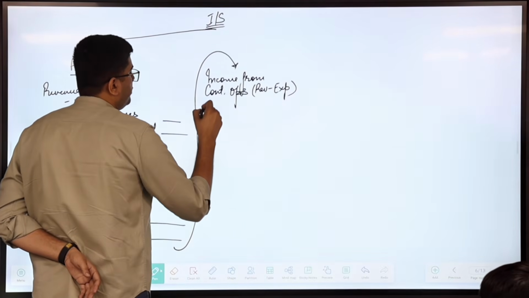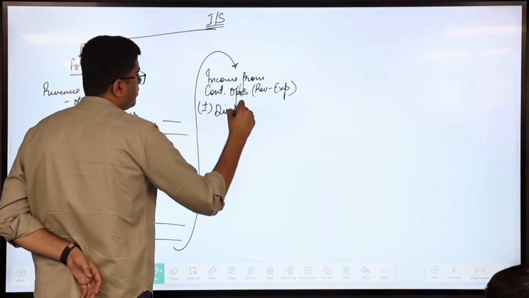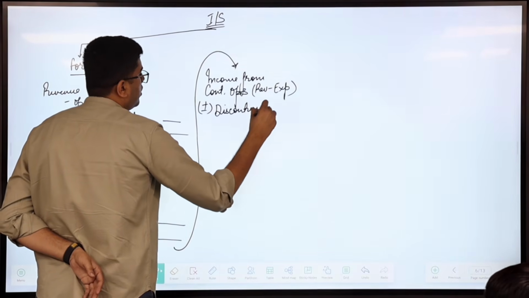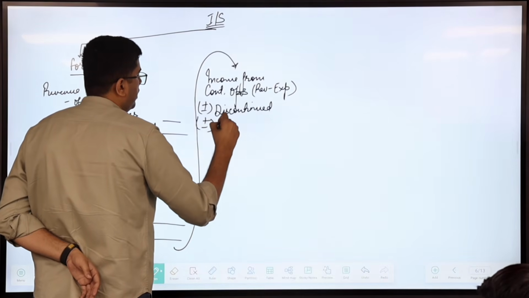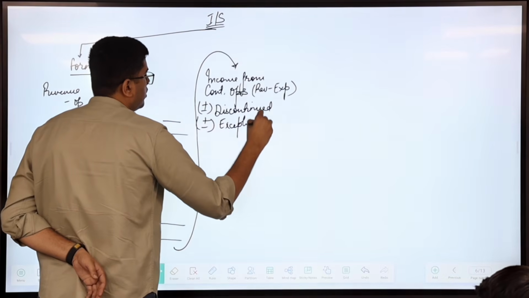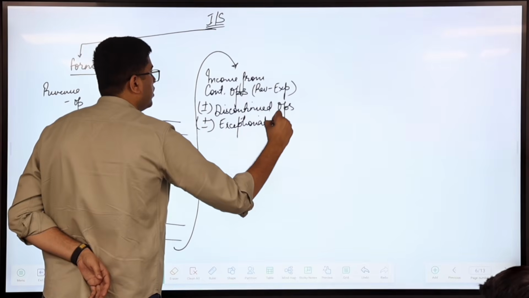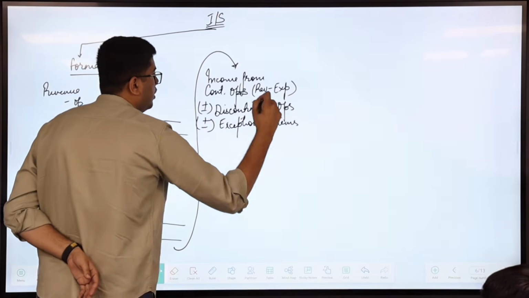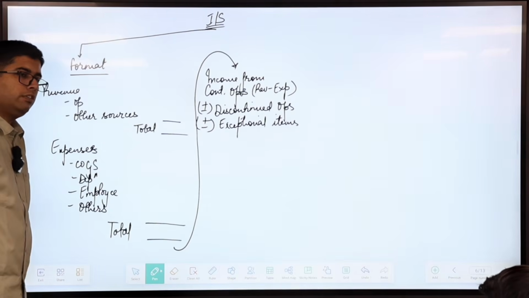Then you have adjustments for discontinued operations. And you have adjustments for exceptional items. Discontinued operations are business operations which you no longer are supporting.